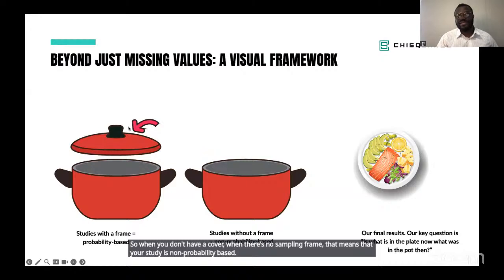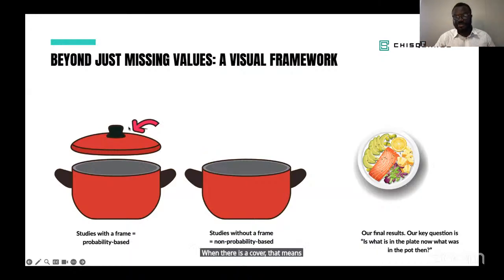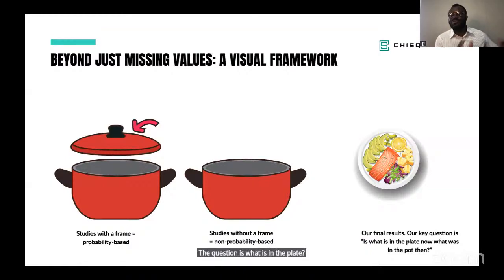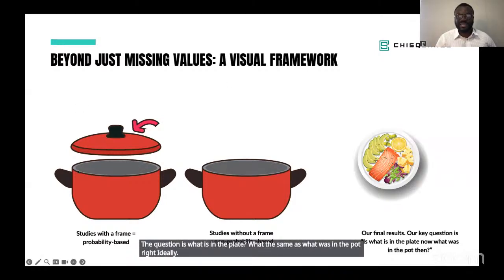When there is a cover, that means that there is a sample, it's probability based. At the end of the day, the final result is what we're going to evaluate, how the results were generated in terms of the validity, right? The question is, is what is in the plate the same as what was in the pot, right? Ideally, what is here should be what was there.